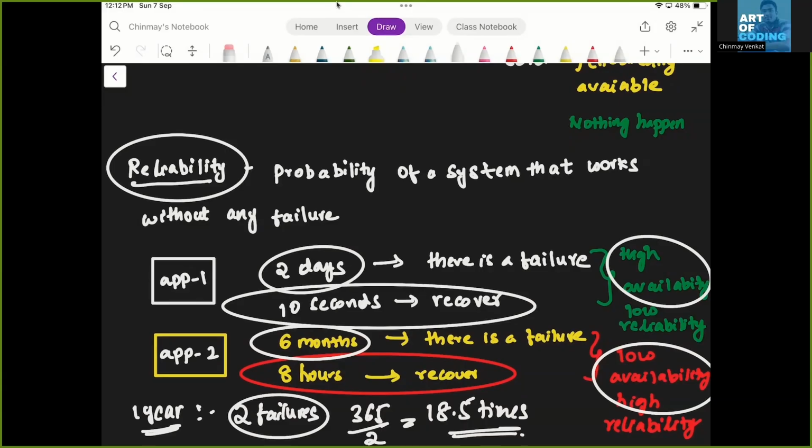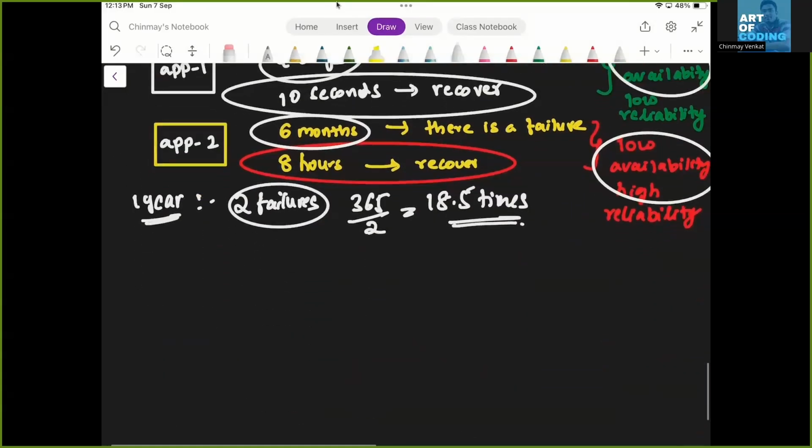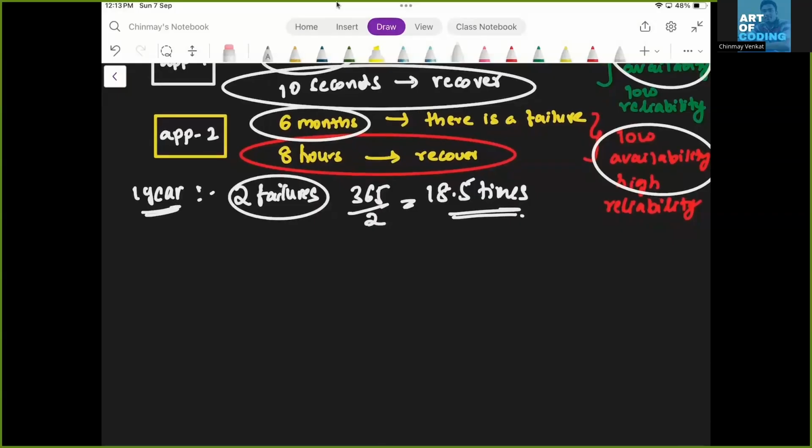To monitor both reliability and availability, what mechanisms are generally used in real time? We need to understand those things. First is monitoring and alerting.